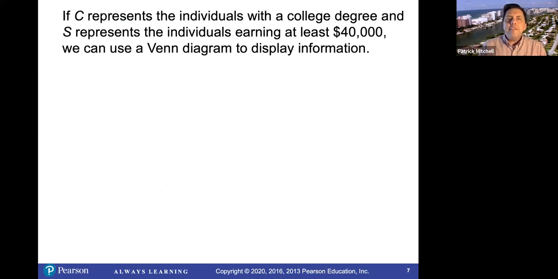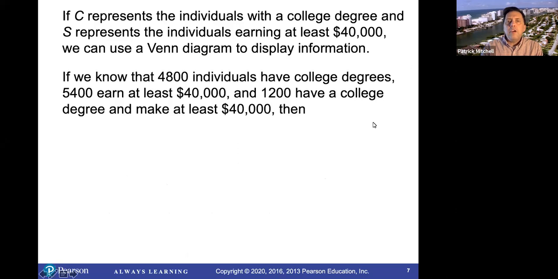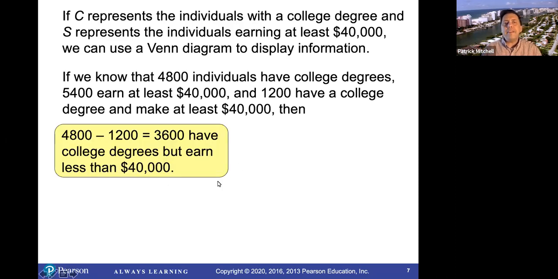All right, if C represents the individuals with a college degree and S represents the individuals earning at least $40,000, we can use a Venn diagram to display information. For example, if we knew that 4,800 individuals have college degrees, 5,400 earn at least $40,000, and 1,200 have a college degree and make at least $40,000, then that means that there are 3,600 people who have college degrees but earn less than $40,000.